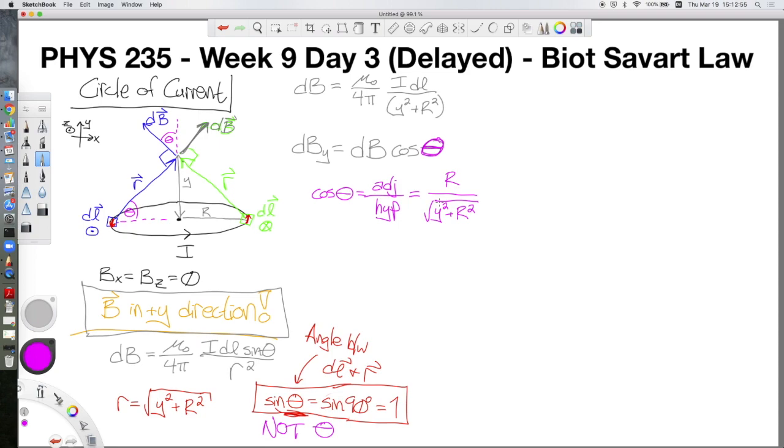So now we can rewrite our formula for dBy as mu naught over 4 pi times I times R times dl over y squared plus r squared to the 3/2 power.